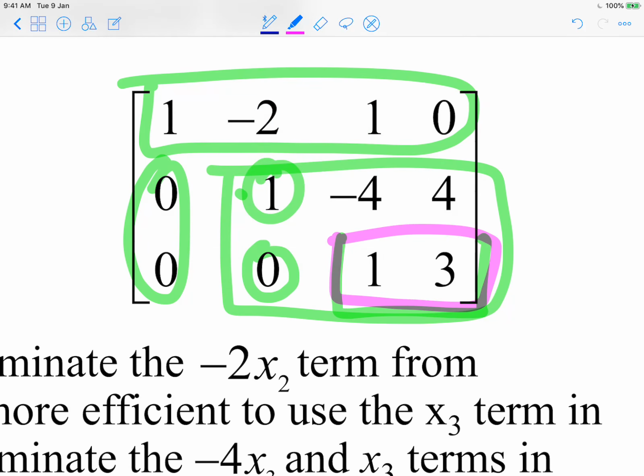At some point, we only have one variable and one equation, which gives us an easy, direct solution for that single variable. Then we can just plug this into the upper equations, right? So that's how we solve these linear systems.